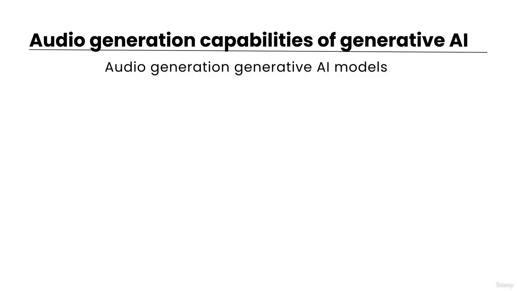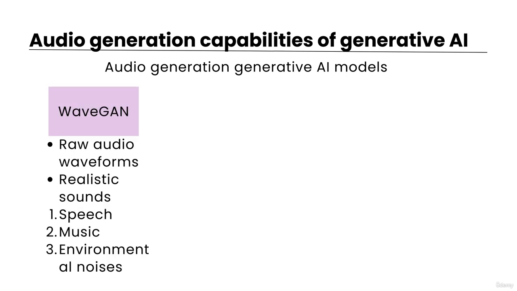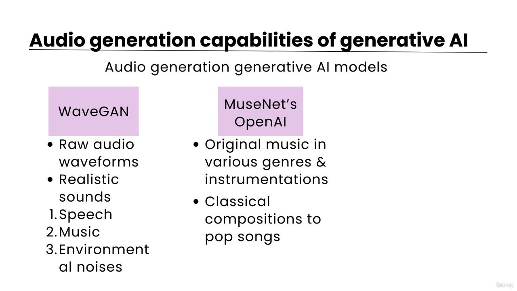These models also have the capability to mimic a human voice to a fair degree of likeness. WaveGAN, for example, can create new and realistic raw audio waveforms including speech, music, and nature sounds. MuseNet from OpenAI can combine various instruments, styles, and genres to create novel music compositions.